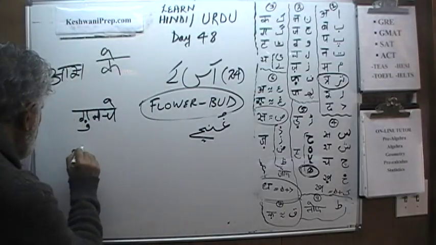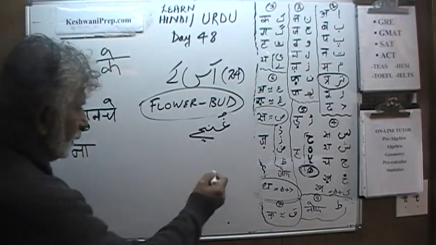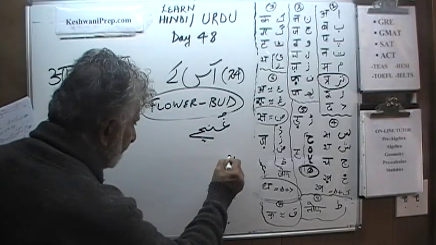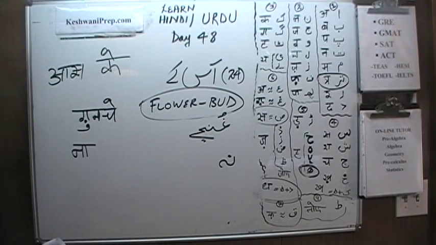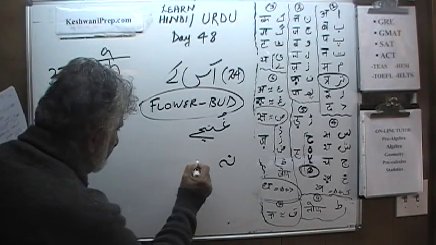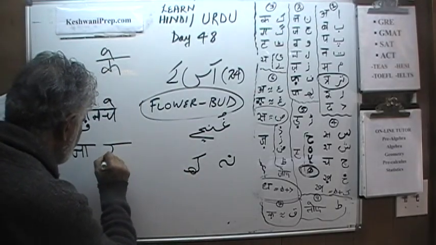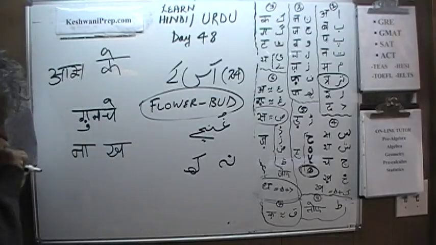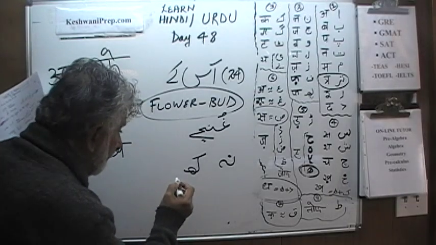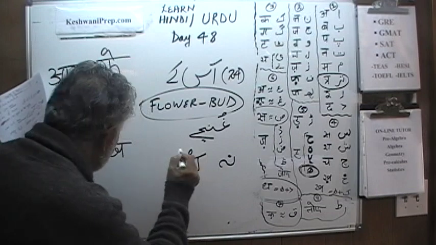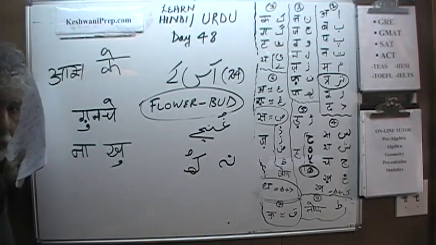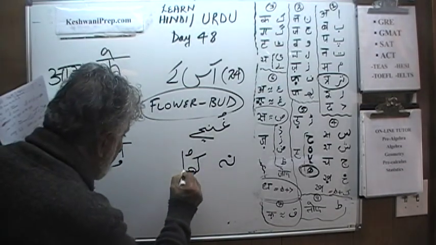Na. Again, na in Urdu will be written like this: noon and a hai. Na. The next word is this. This is a kha. Just your Hindi letter kha. And then if you put a u ki matra, it becomes a khu. And then we have a la.